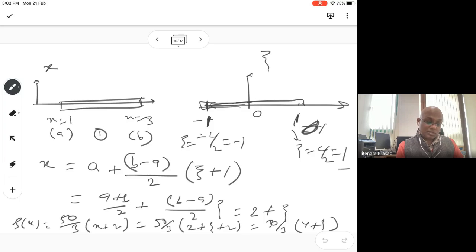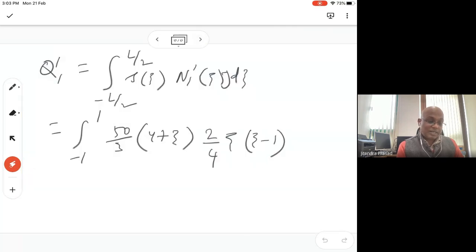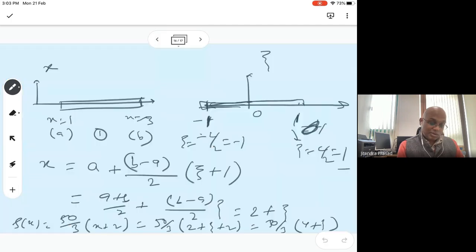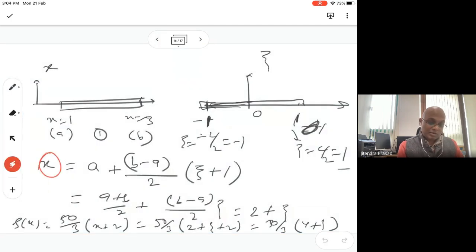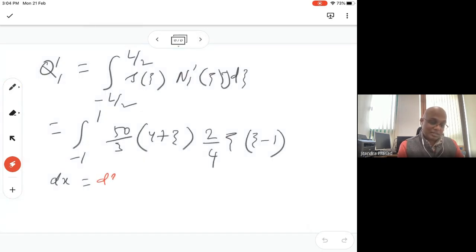We have x as 2 plus xi, so dx is equal to d xi simply in this case, because x equals 2 plus xi.